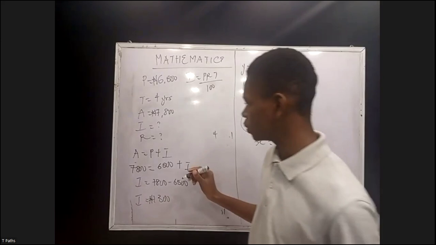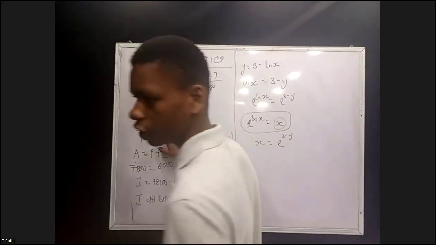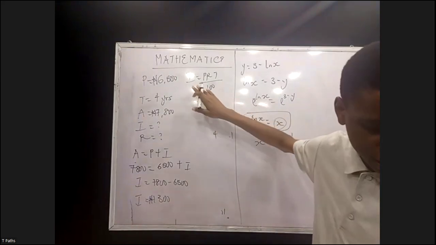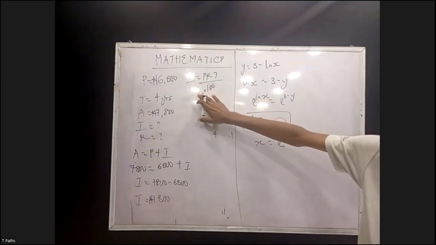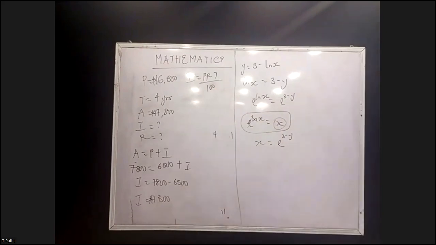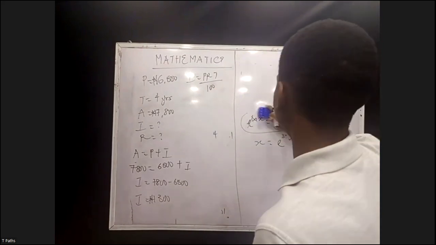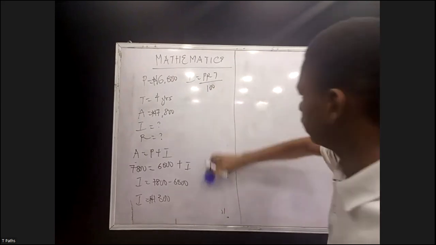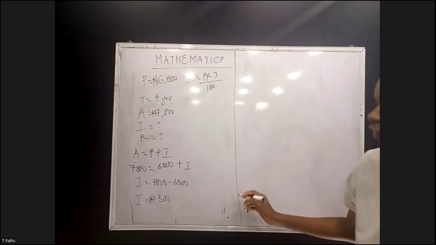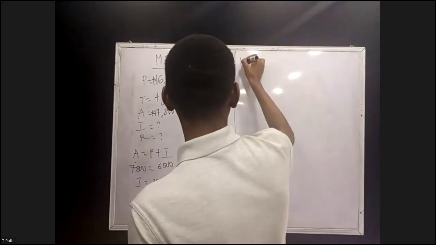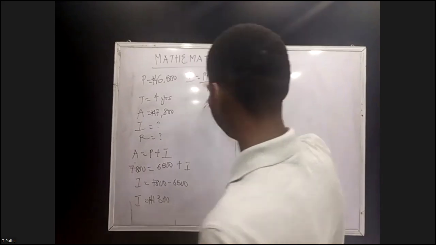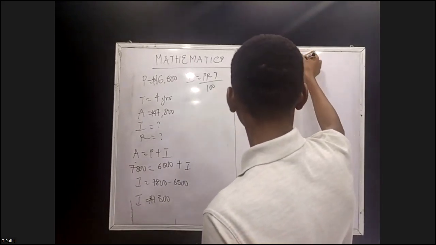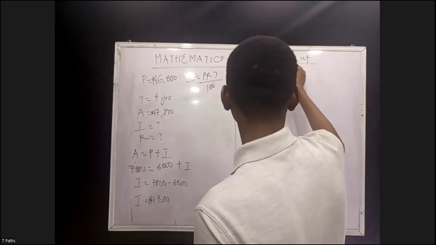The next thing for me is to calculate the rate. I already know the value of my interest, and I want to calculate my rate. Don't forget, I have a formula here, which is I is equal to PRT over 100. So I have my I as 1,300, my P is 6,500, multiplied by R times 4, divided by 100.